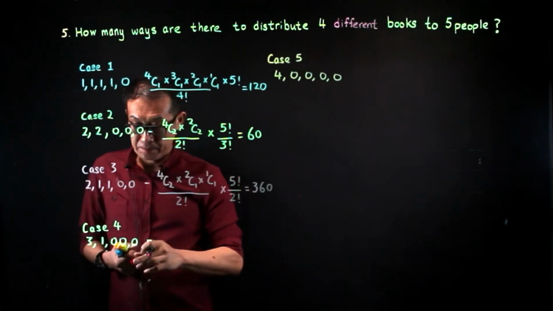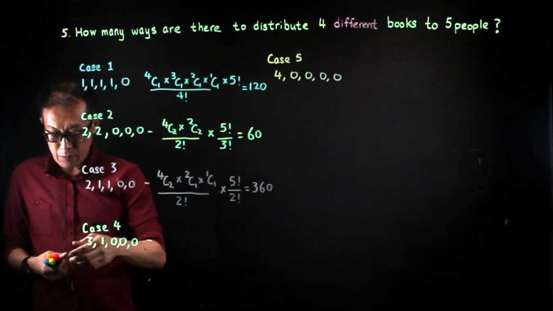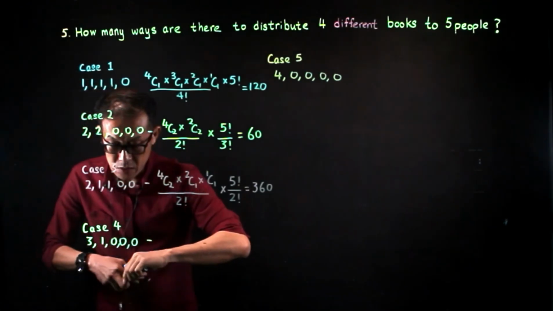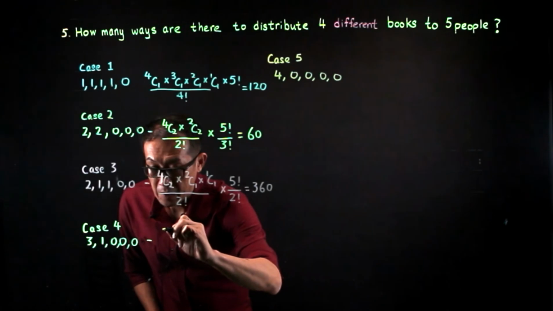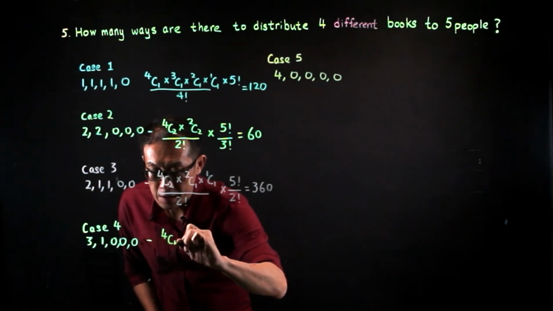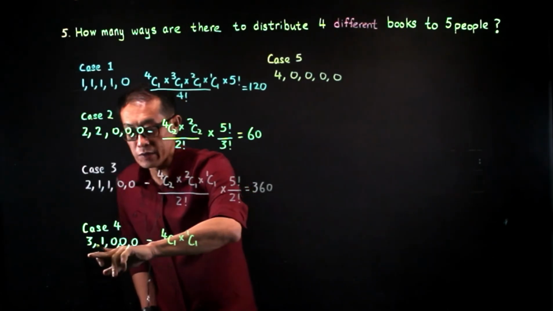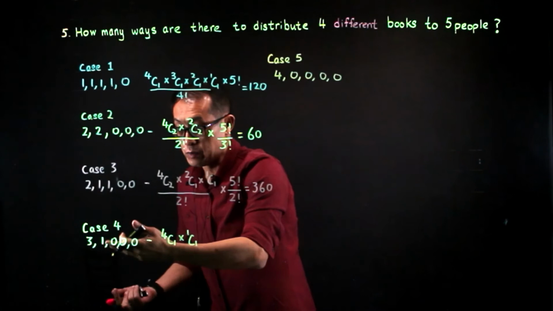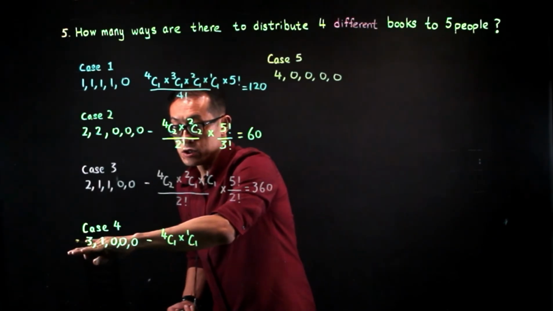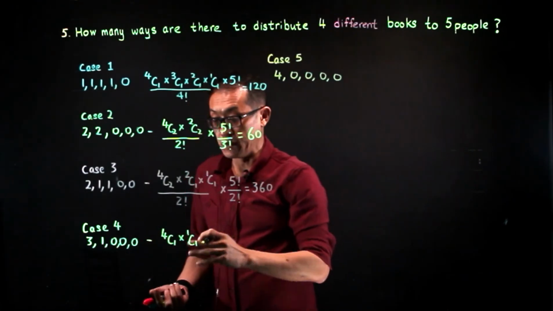Now next, if we divide the 4 books into groups of 3 and 1, for this, you get 4C3 times 1C1. Now you don't need to divide by 2 factorial or whatever, because the 3 books and the 1 book are different, so there's no permutation involved.